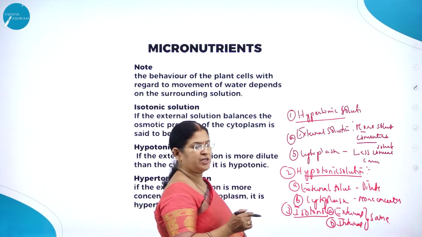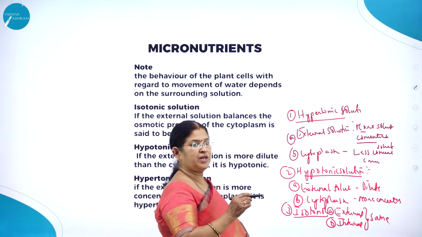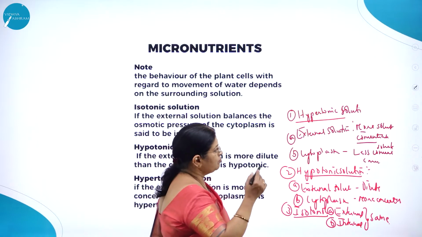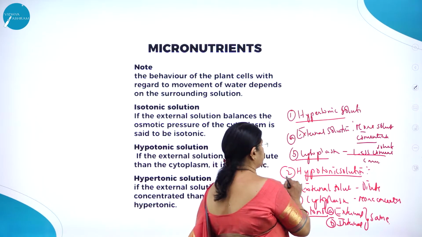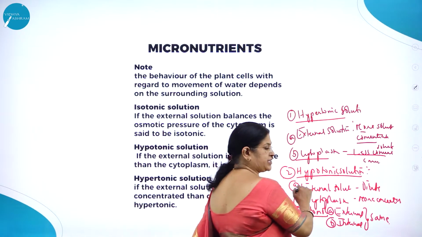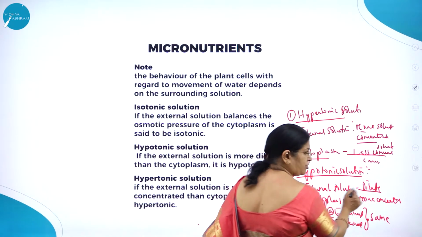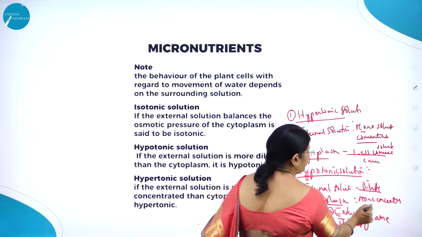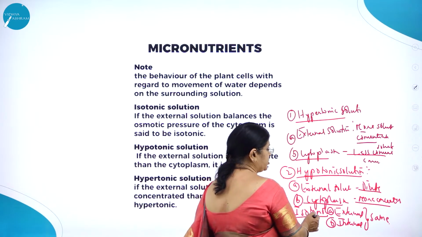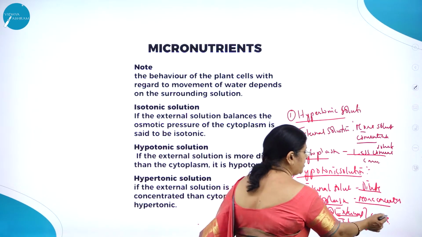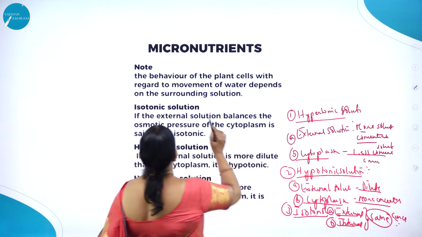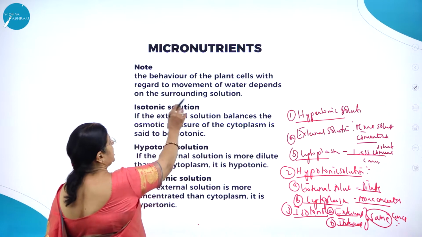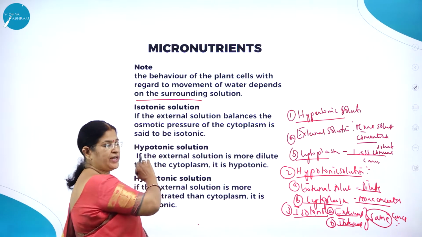So in hypertonic solution, the external medium will have more solute concentration and the cytoplasm will have less. In hypotonic solution, the external medium will have dilute concentration and the cytoplasm will have more concentration. In isotonic solution, external and internal will have the same concentration. The behavior of the plant cells with regard to movement of water depends on the surrounding solution.